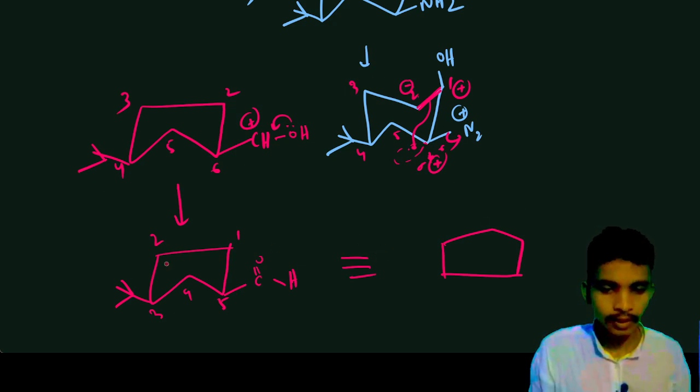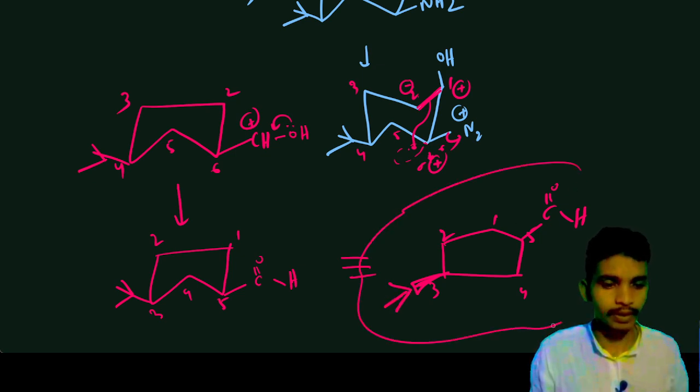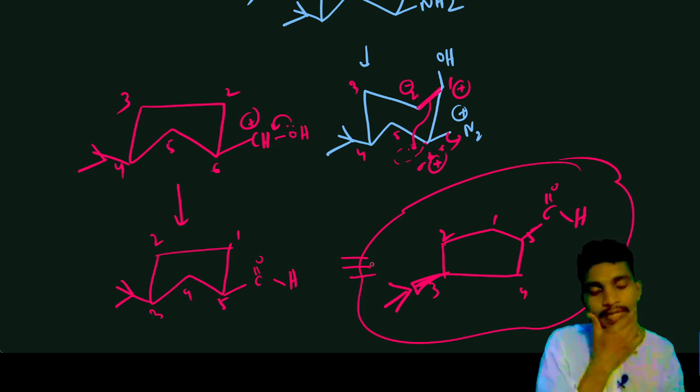So convert it, and what we have is 1 2 3 4 and 5. So 5 is having these groups, so I will make it COH, and at 3 I have this group that is on the above side, so make this one. So this is the final answer for this question. So likewise we will solve it.